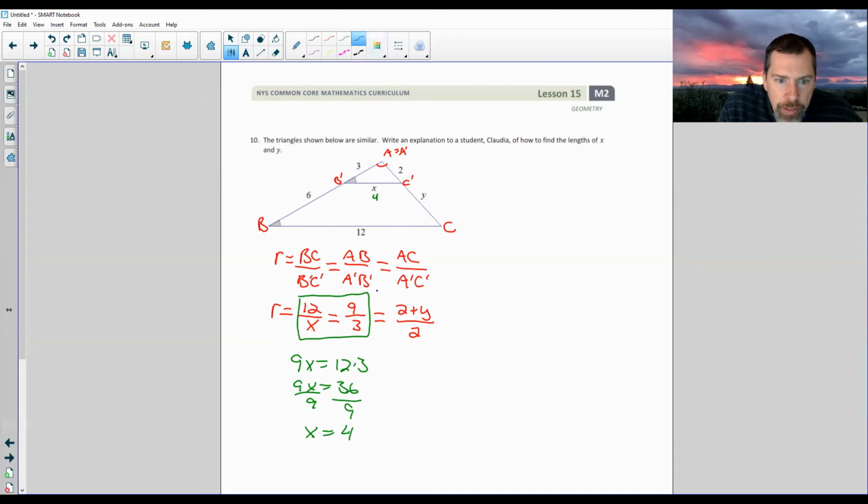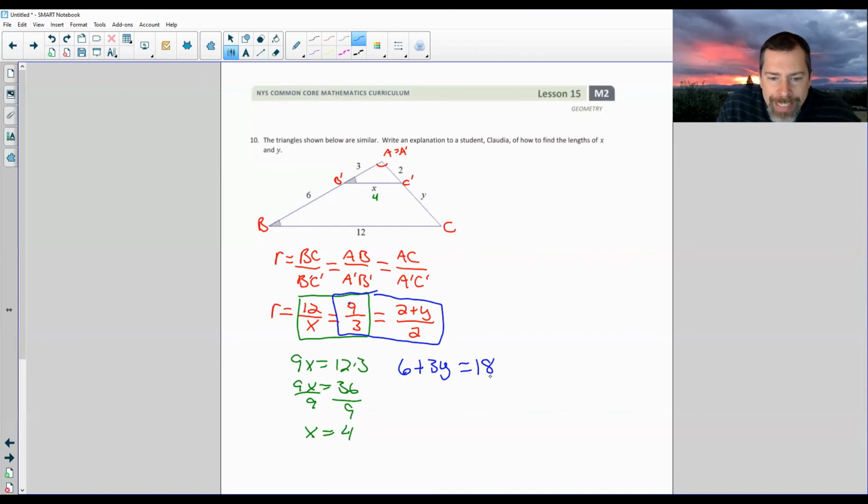Then I come over here and I use this middle with this. So I cross multiply. Be careful. Make sure you distribute. 3 times 2 is 6, plus 3 times Y is 3Y, equals 9 times 2, 18. This is where your algebra is going to be really important in geometry.